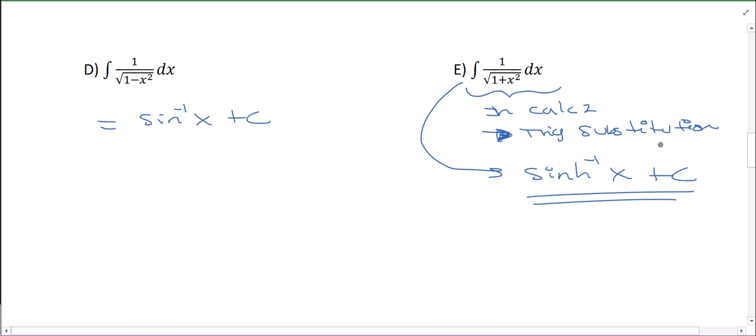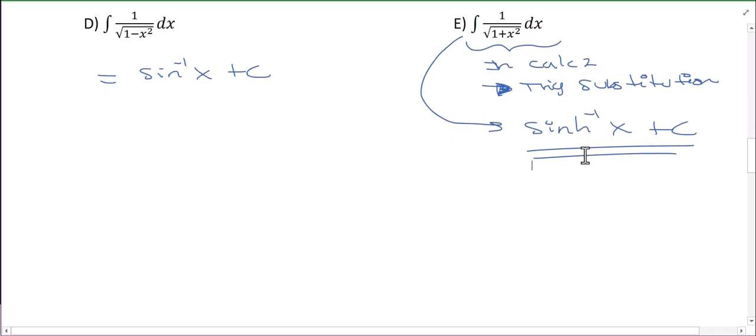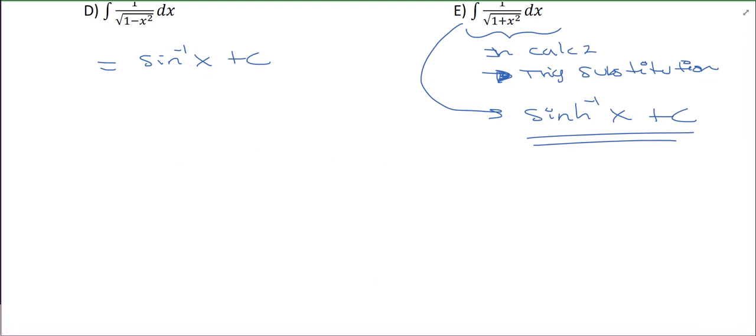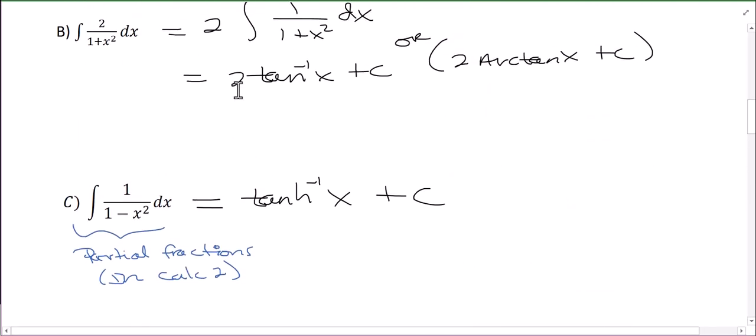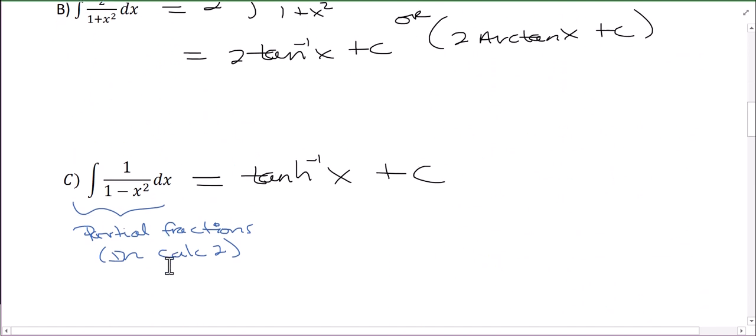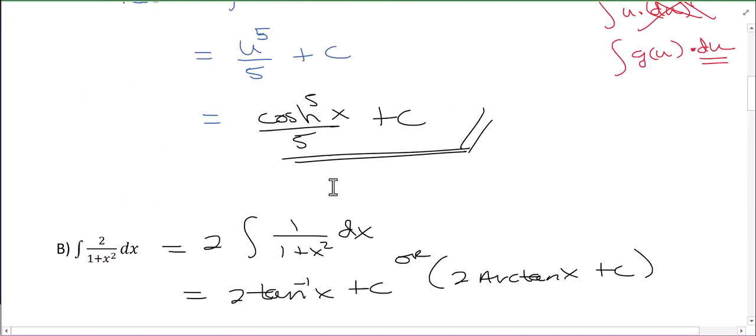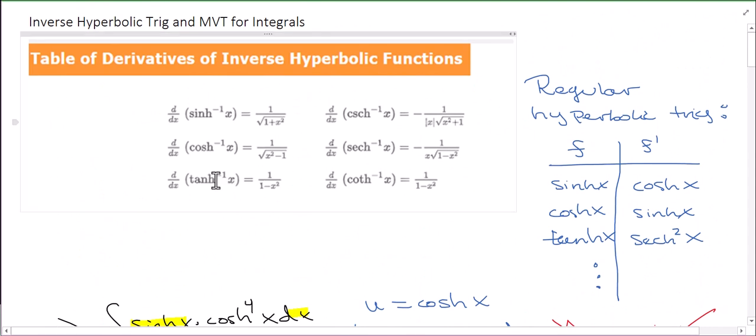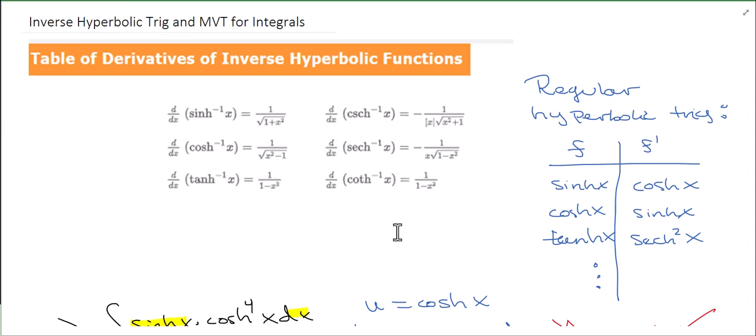When you get to Calc 2, trig substitution is going to be one of those methods that makes people scratch their heads a lot. Not in a bad way, I'm just warning you about some of those methods, like the method up here, partial fractions, which can be very time consuming. So for some, when you see the hyperbolic inverse tangent and inverse cotangent, those might be good ones to know so that you can bypass all that work in Calc 2 for that particular integral.